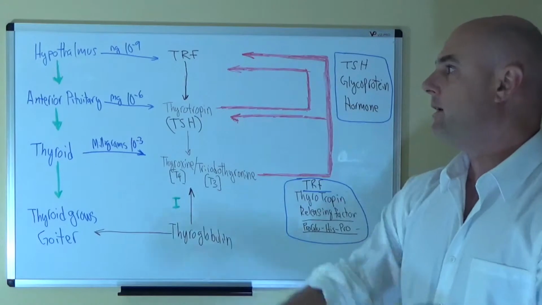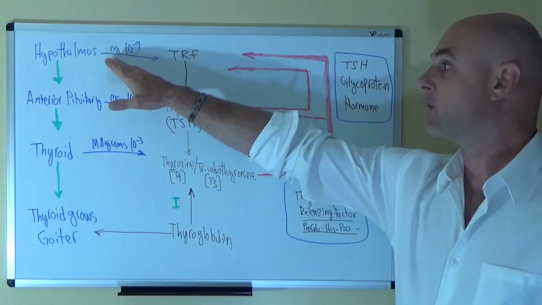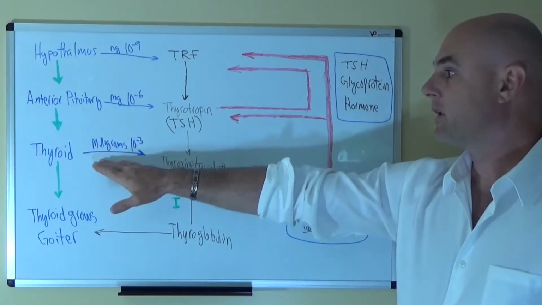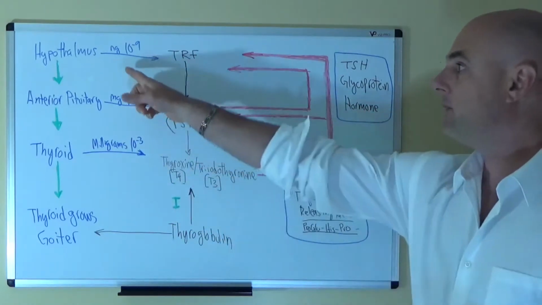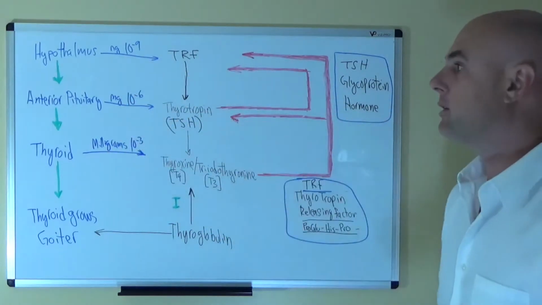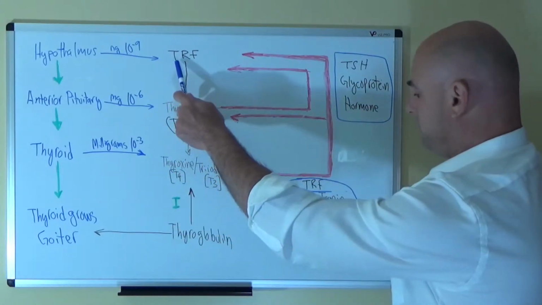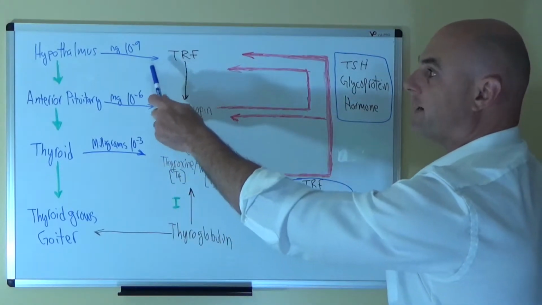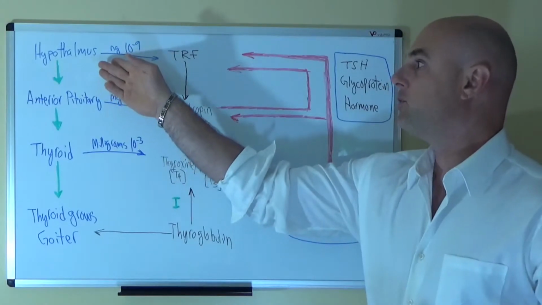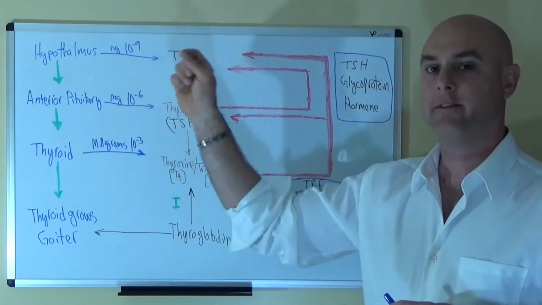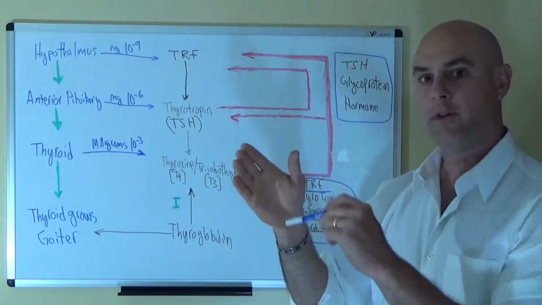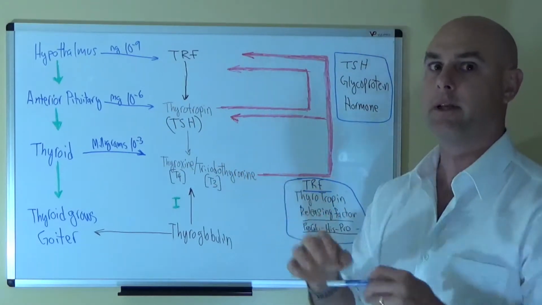One other aspect here is that I put the quantity of these hormones here in these cross arrows. So thyrotropin releasing factor is secreted in nanograms. Nanograms is 10 to the -9. So you take a gram and you move the decimal place to the left 9 places.